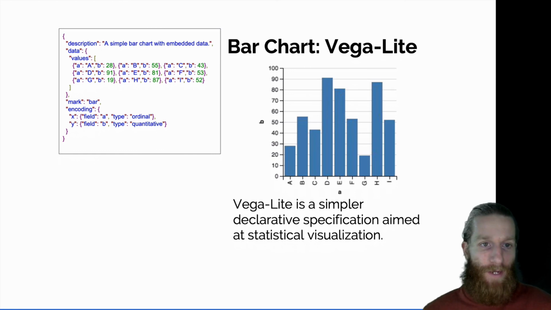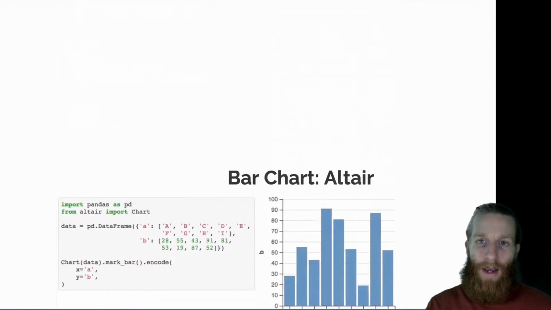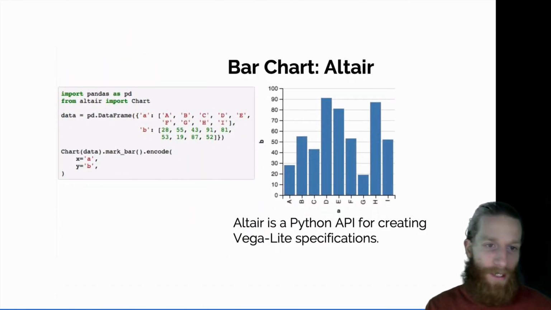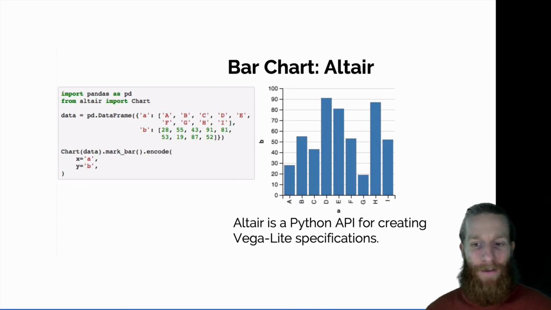And again, Altair sits right on top of this. So you could see how this same chart would be built in Altair. There's the data, and there's our chart, right? Our chart is a quote-unquote one-liner. It'd be easy to stuff this, I think, under 80 characters and one line from the chart data. And that's what Altair gives us. So it lives right on top of these other frameworks. It will spit out the Vega Lite spec.